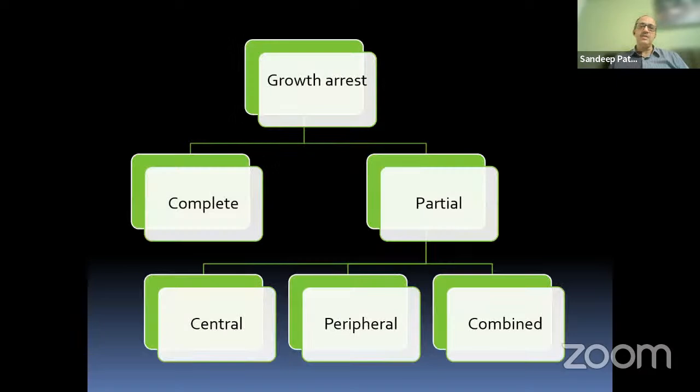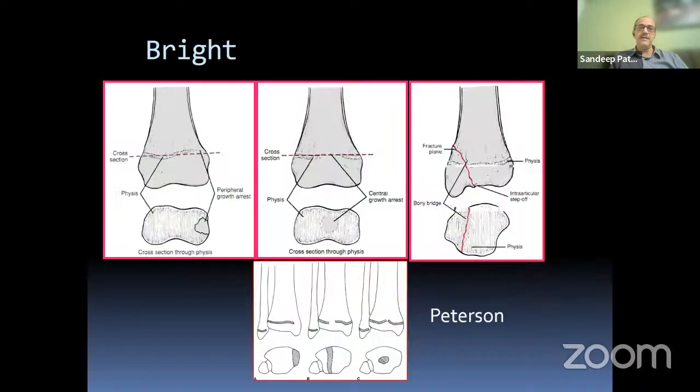Okay, peripheral injuries. So when you get a growth arrest, what happens and what are the types? The growth arrest can be either a complete arrest or a partial arrest. And the partial arrest can be central, peripheral, or a mixture, a combined arrest. In the older days, people used to do what are called tomograms. Today we have CT and MRI.